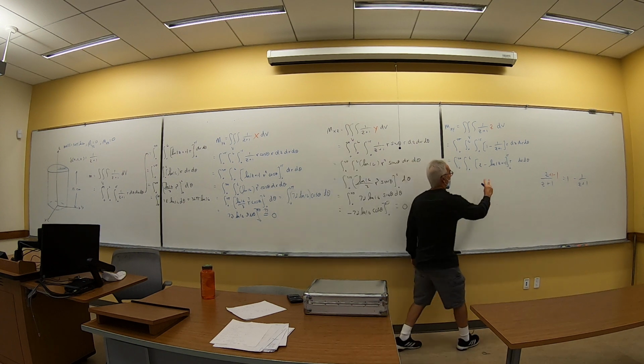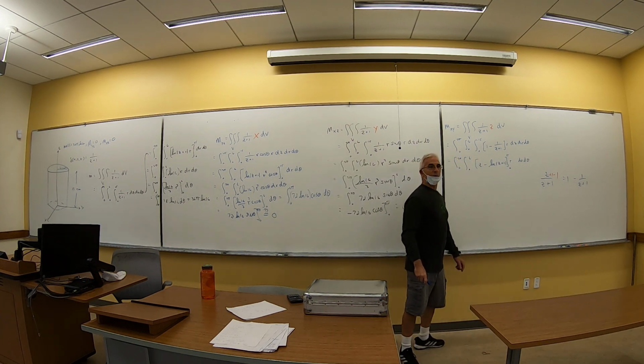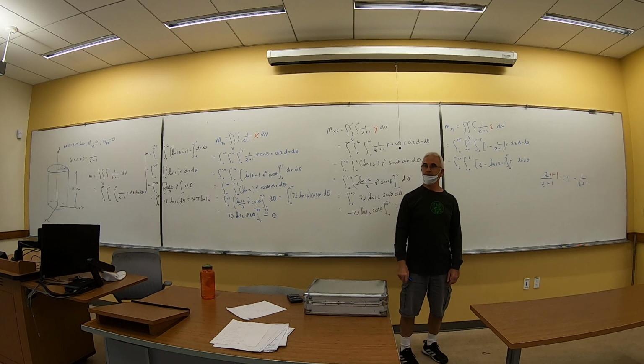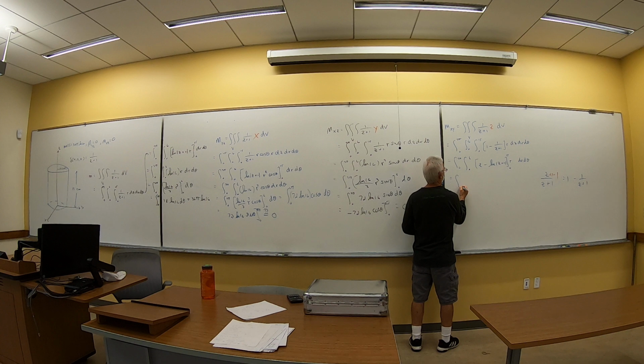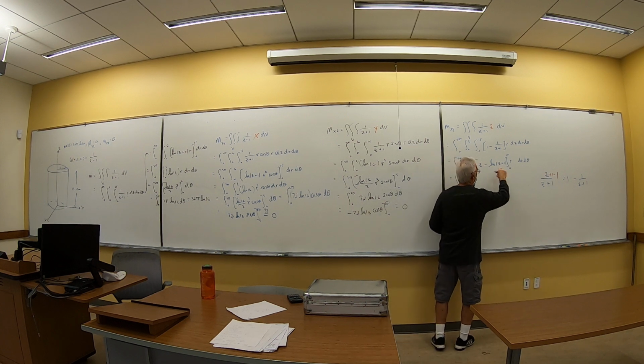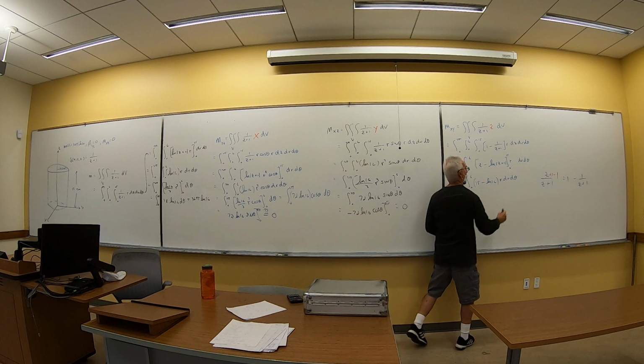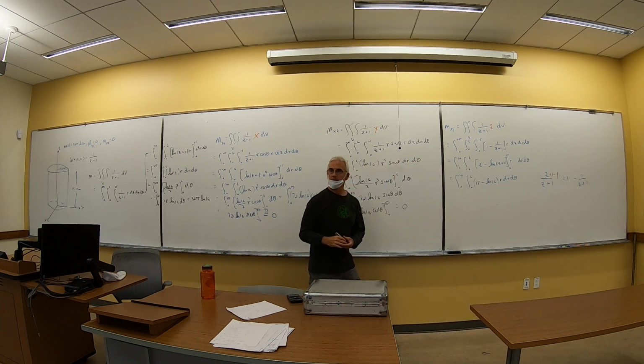Now, this is going to be exactly the same as it was before. It's still going to be just log 16. But what about that piece? It's going to be 15 minus log 16. Okay?